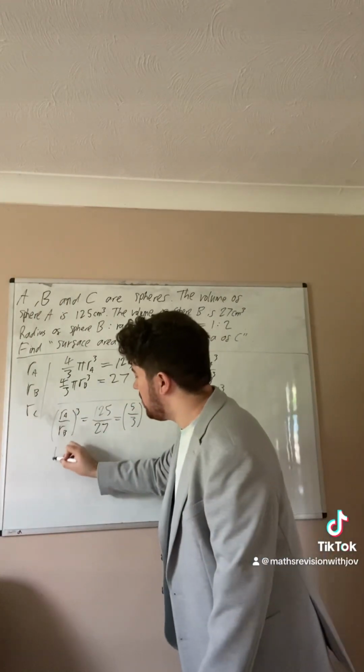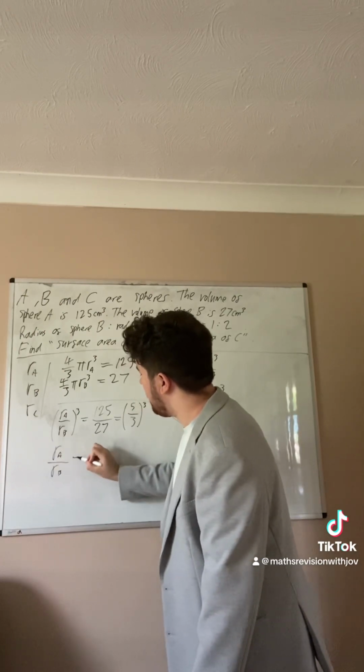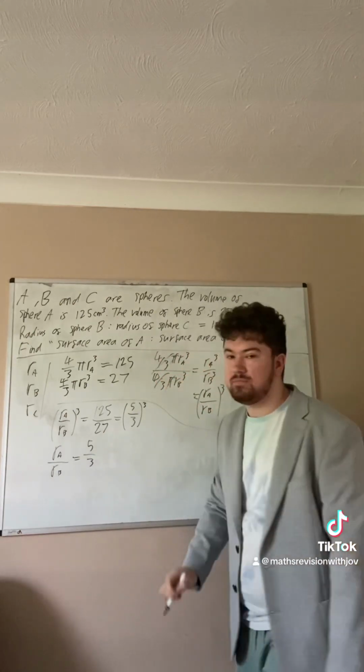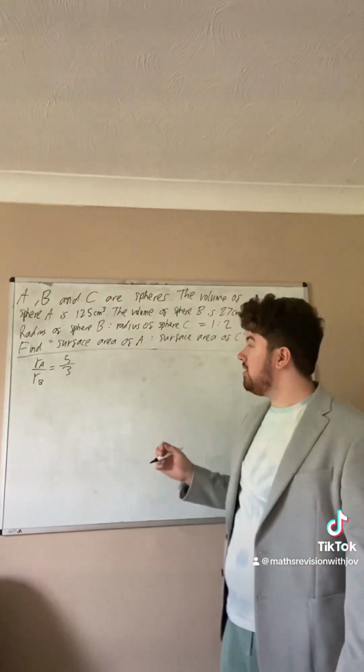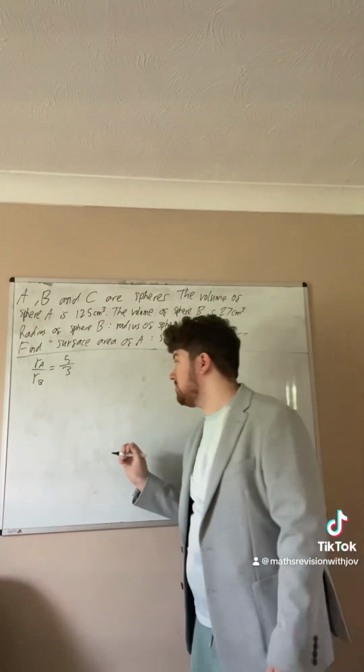So the ratio of RA to RB is just 5:3. We've actually found the ratio of RA to RB now, and you'll see why this is important.